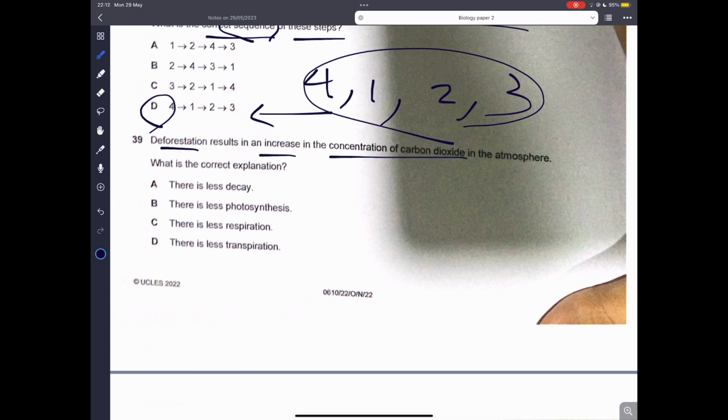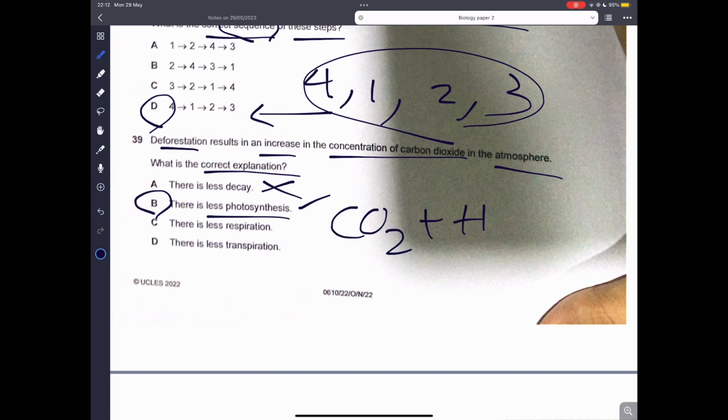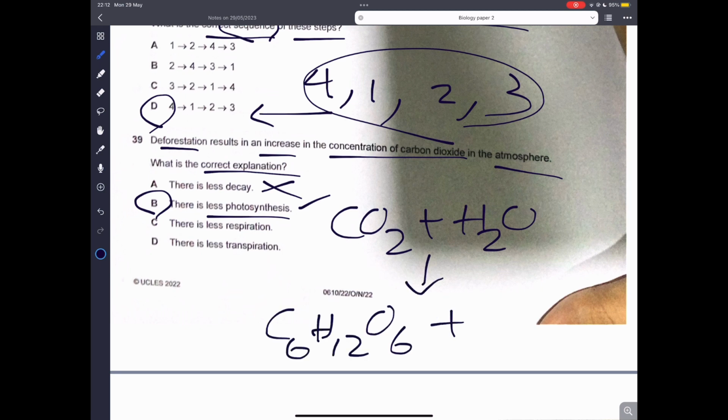39. Deforestation results in an increase in the concentration of carbon dioxide in the atmosphere. What is the correct explanation? Well, this is because there is less photosynthesis. Deforestation means cutting down the trees. And as you might have recalled, photosynthesis is CO2, carbon dioxide, plus water, creating glucose and oxygen. Now we can balance this out by adding 6 to everything.